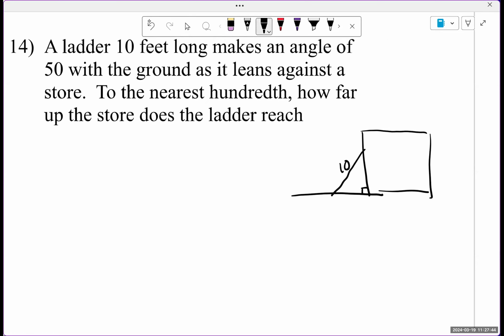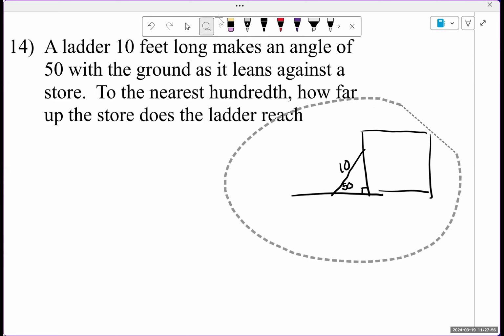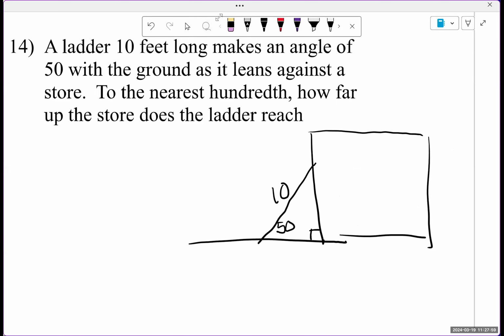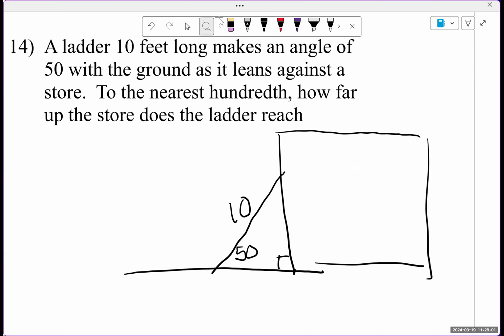There's the ladder leaning against the store. It makes an angle of 50 degrees with the ground. How far up the store does the ladder reach?